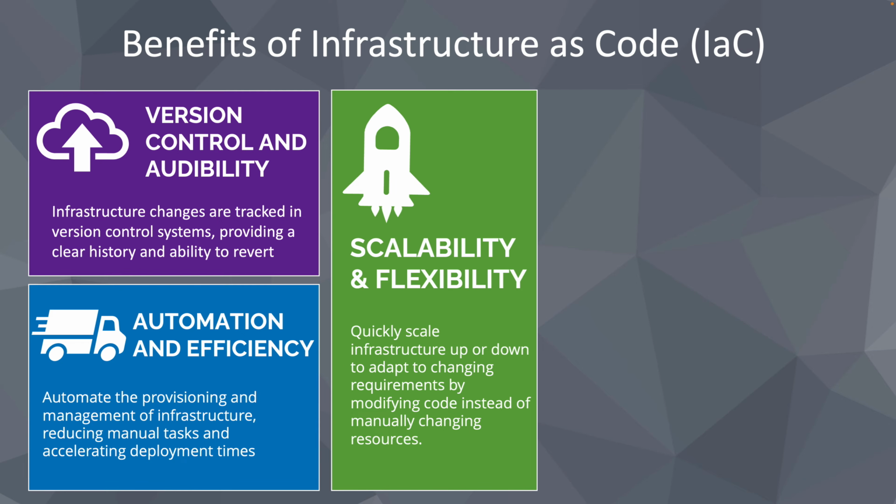For example, if you have a cluster of web servers that's running 3 nodes and you notice that traffic is really increasing, instead of having to go into the console and changing that, you can simply change a variable from the number 3 to 5 and use Terraform to push that code, and it will simply update the number of web servers in your web farm to support the increased changes that are happening in your environment. So it's an easy way to scale your environment quickly, and of course you can scale it down as well.